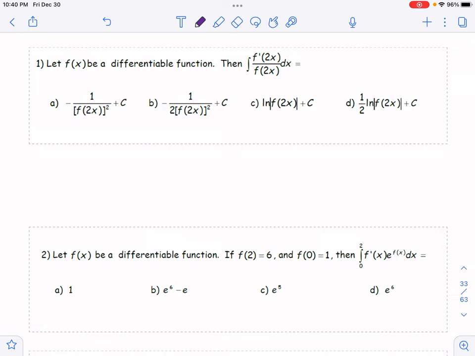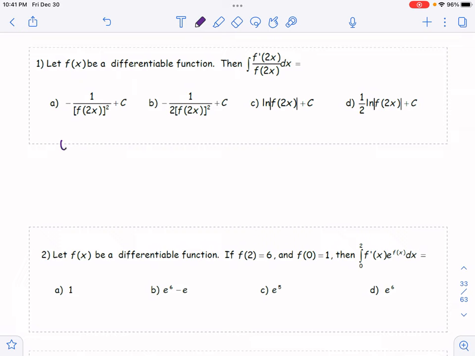For example, this multiple choice asks us to evaluate this indefinite integral, f prime of 2x over f of 2x. One thing I note is that you see a function and some version of its derivative. So I see f and an f prime.